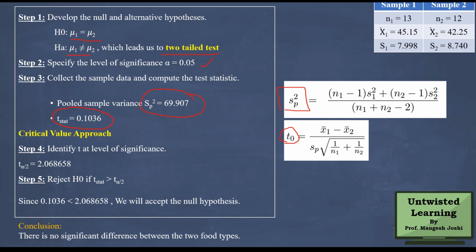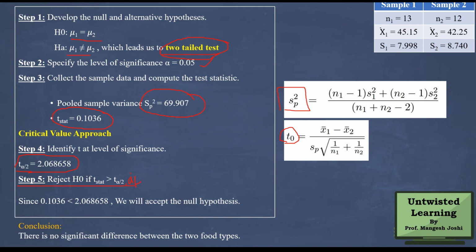Now using the critical value approach, identify t at the level of significance. Since it is a two-tailed test, you have to find t alpha by 2 using the t distribution table. It comes out to be 2.068658. So reject H0 if t stat is greater than t alpha by 2, comma degrees of freedom, right?